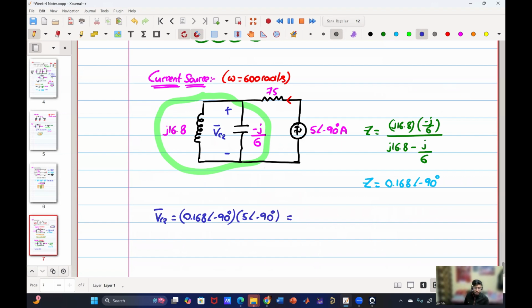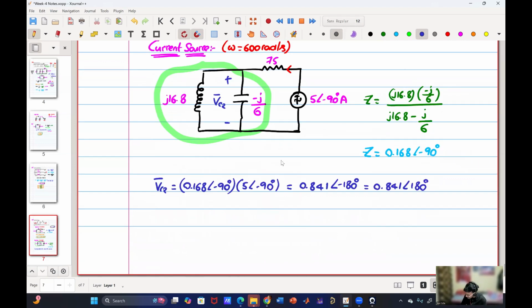So what it will become? Minus 180 degrees, and 0.168 into 5 is 0.841 angle minus 180 degrees. Minus 180 degrees is nothing but plus 180 degrees, both are same because theta and 360 plus theta are the same. So I am writing 180 degrees.